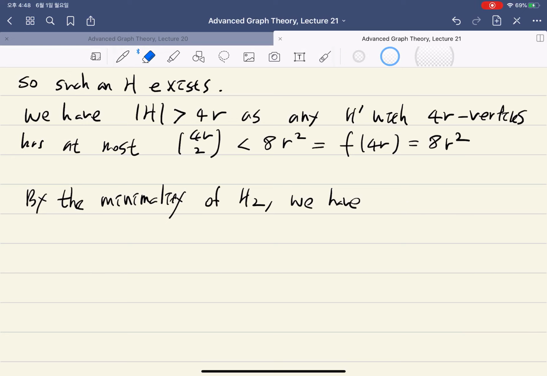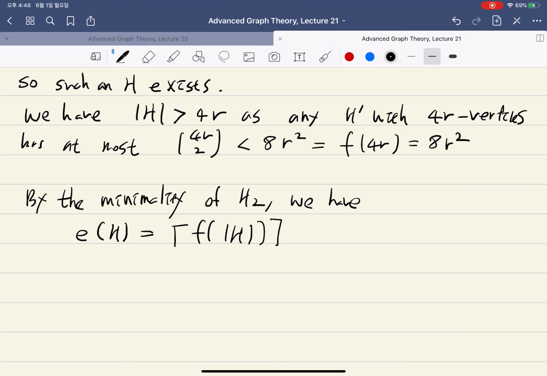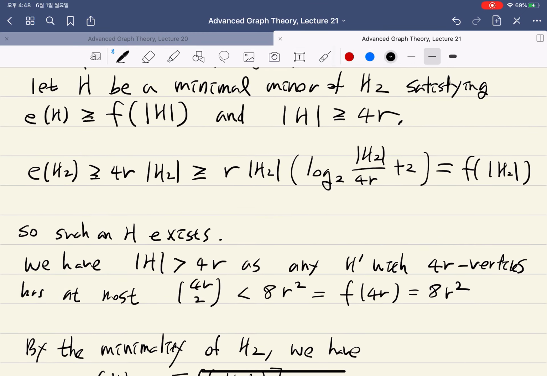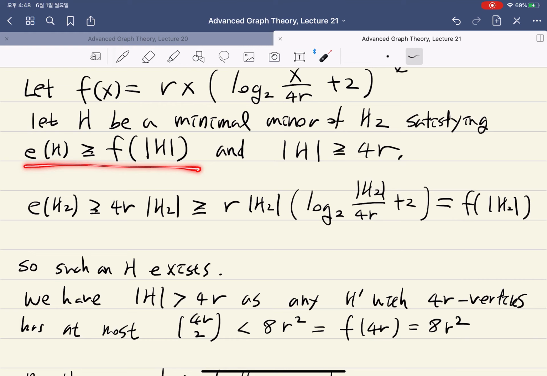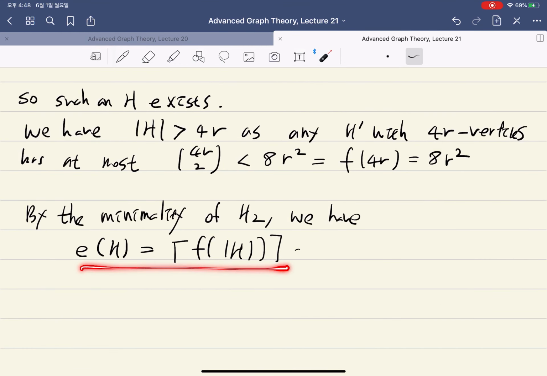We have that the number of edges in H is the same as this, which is the ceiling of F of the size of H. Because otherwise, if it's less than that, then it wouldn't satisfy this condition. But if it's strictly bigger than this, we can just delete one edge, then get a smaller H.